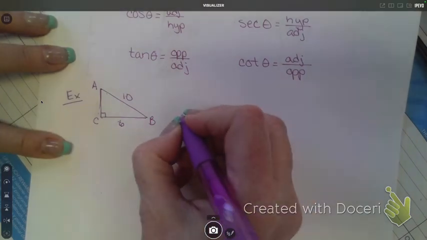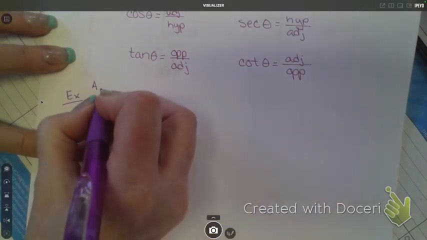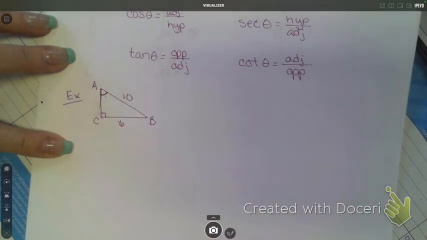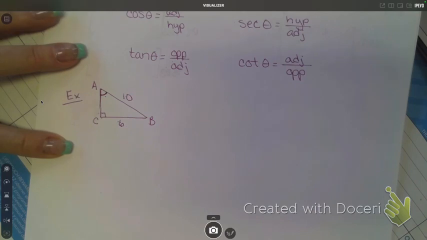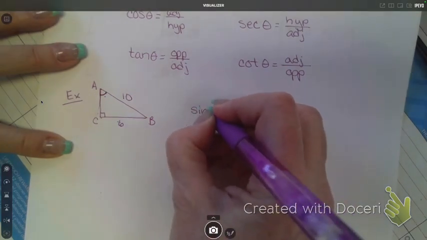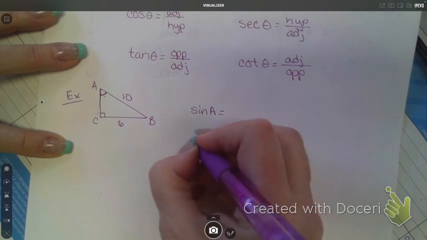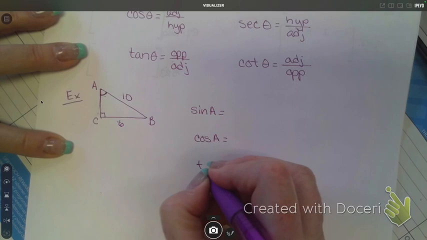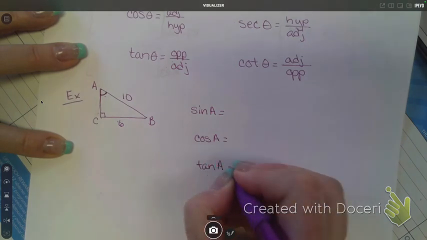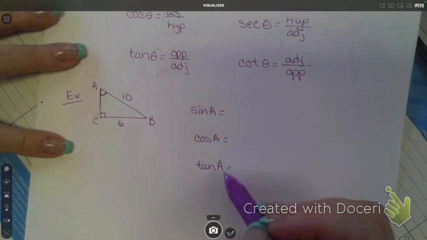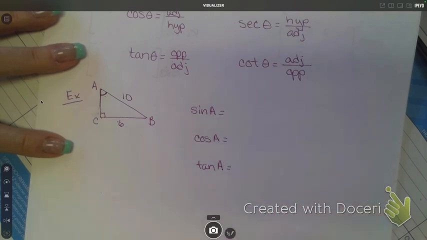So I'm going to need, of A. So A is up here. So I'm going to have to do sine of A, cosine of A, tangent of A, and then the reciprocals. So in order to do sine, cosine, and tangent of A, I need to find what?